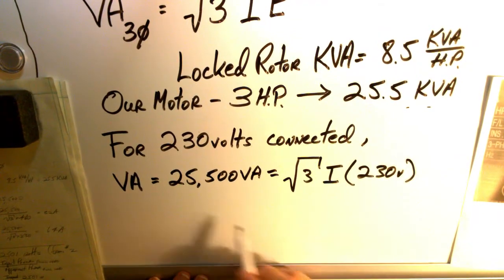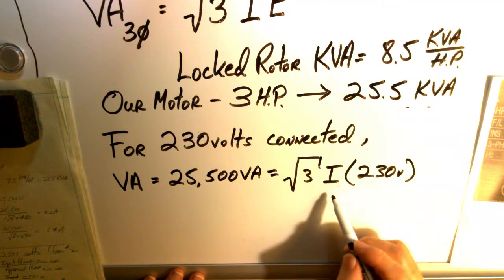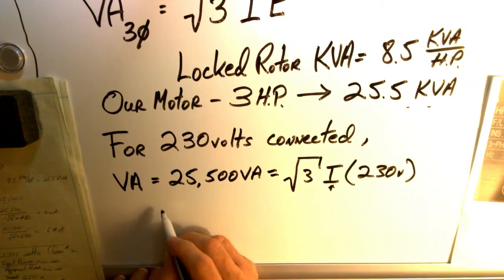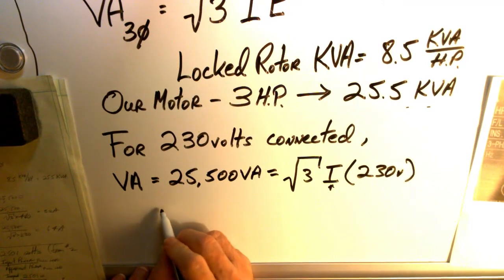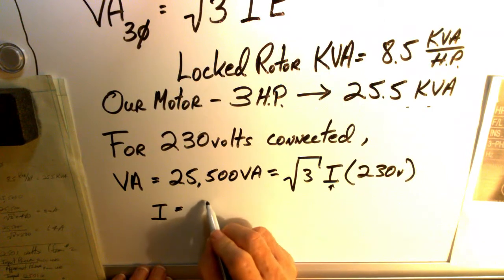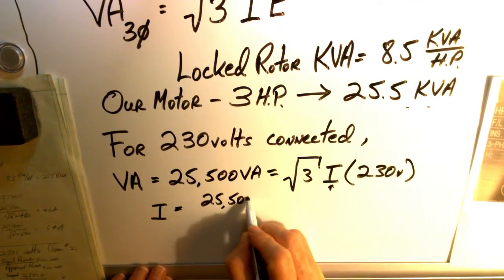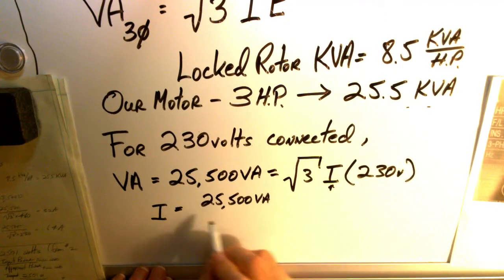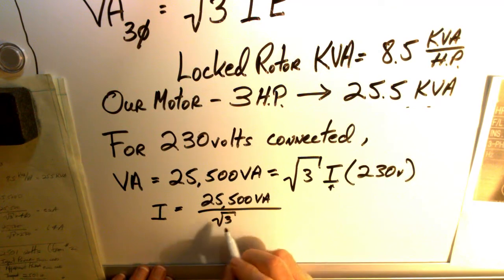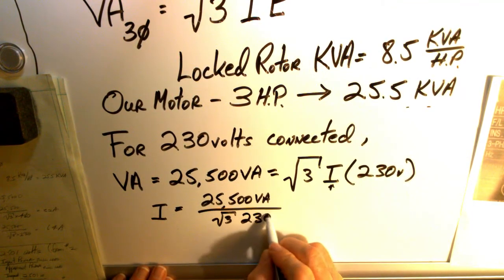Okay, so I have an equation I can use here. The unknown is I, for current. If I do my transposing, I get that my current I will be equal to 25,500 volt amperes divided by the square root of 3 multiplied by 230 volts, okay?